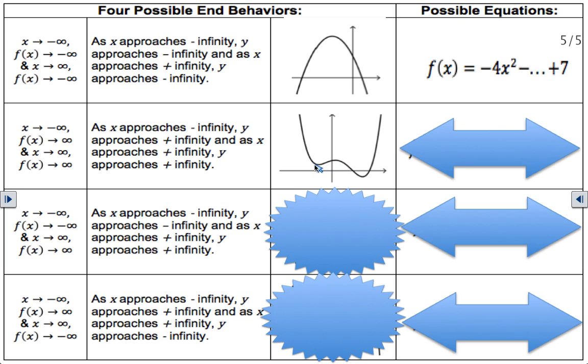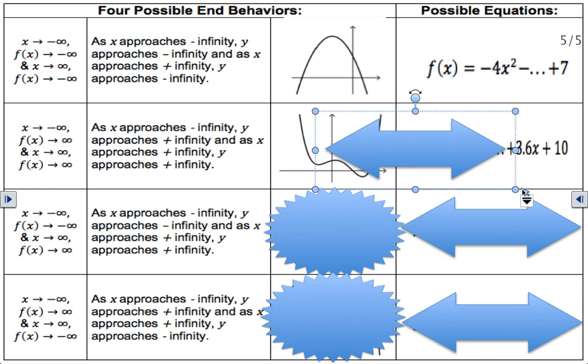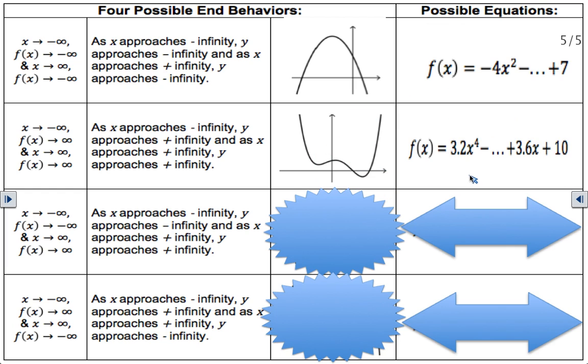Now if I count my bends, I have 1, 2, 3 bends here, so I know my degree should be higher than 3, or excuse me, should be 4 or higher. So let's look at it. Let me move this and get rid of it. In this case, this is the equation that has a degree of 4 or more, higher than 3, and my leading coefficient is positive, so the right side is going up.